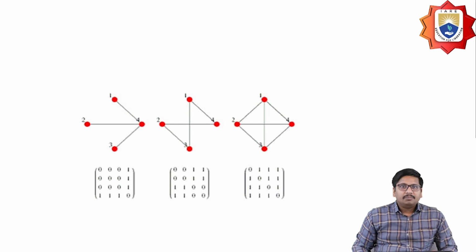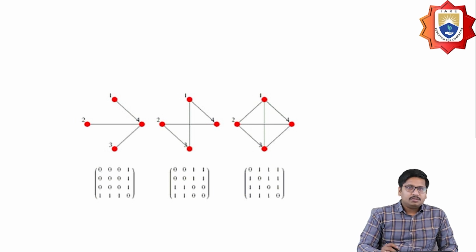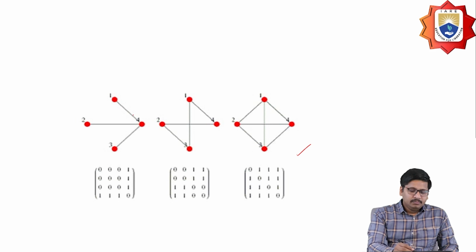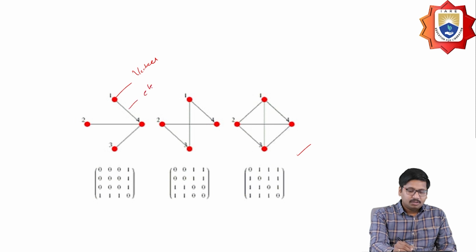Some other representations of the graph. So how am I going to represent it? Take a graph like this. These should be the vertices and these should be the edges.